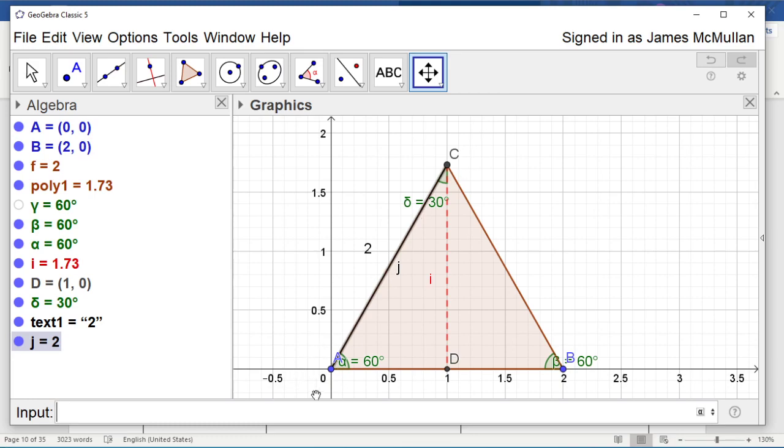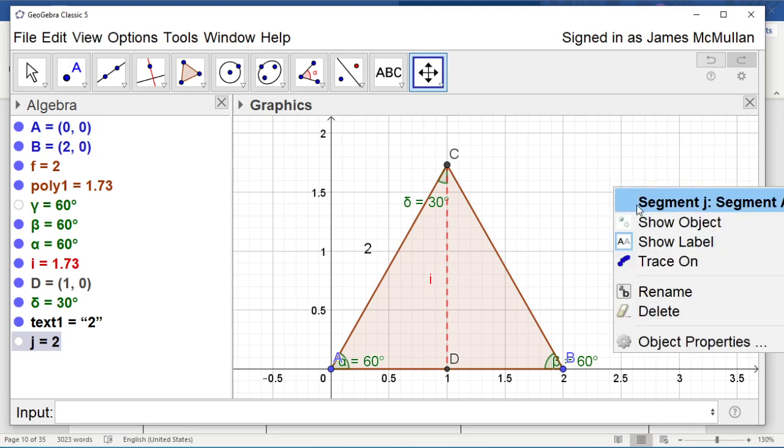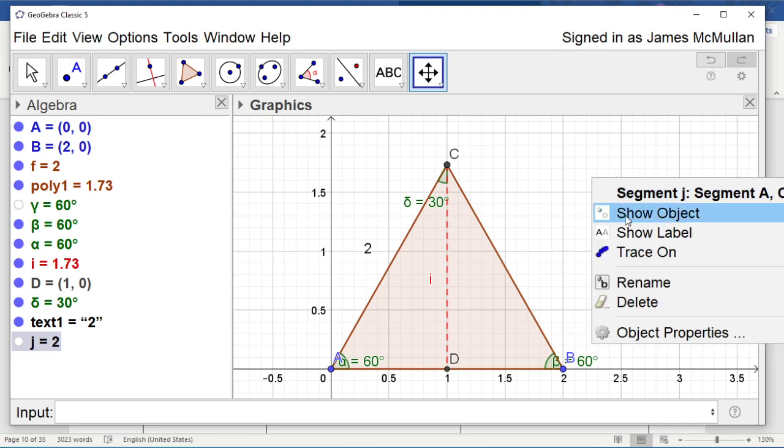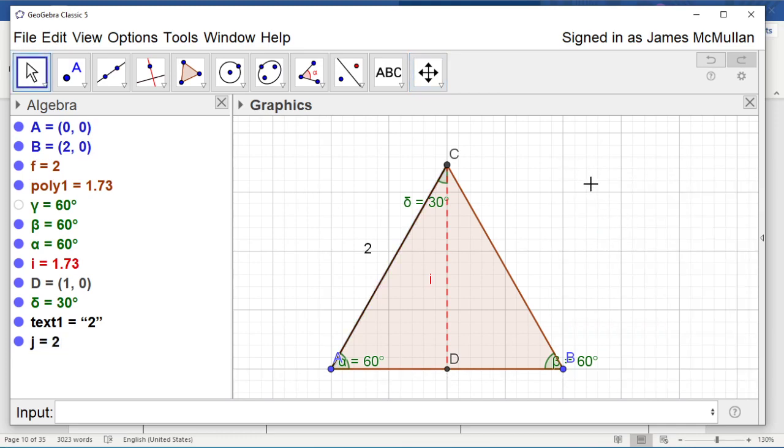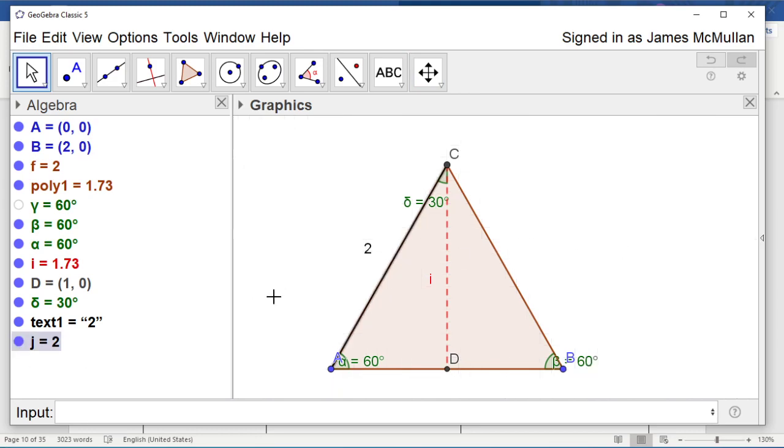So this side has a length of 2, the bottom has a length of 2, this side has a length of 2. Now, of course, the whole thing along the bottom has a length of 2. But since I split it in half, this part has a length of 1.